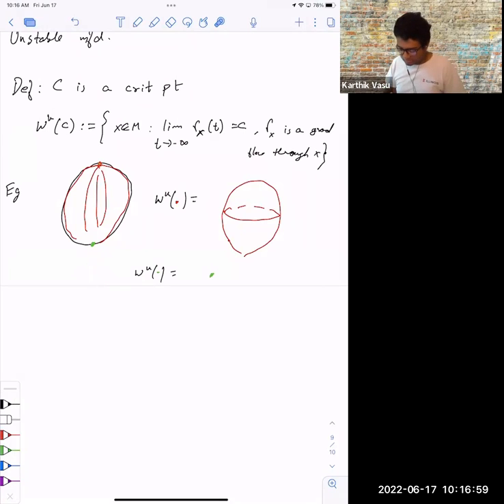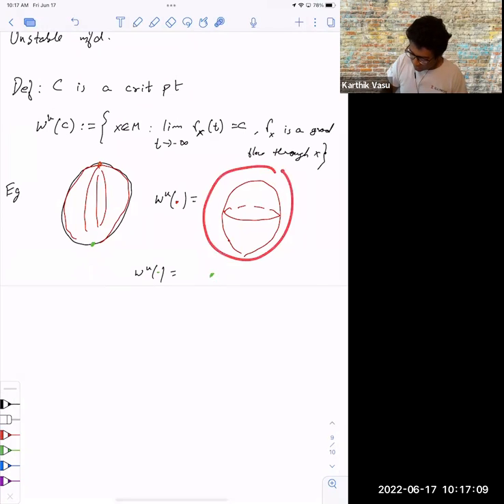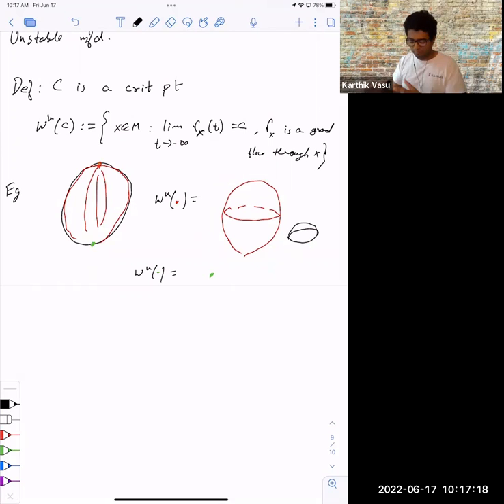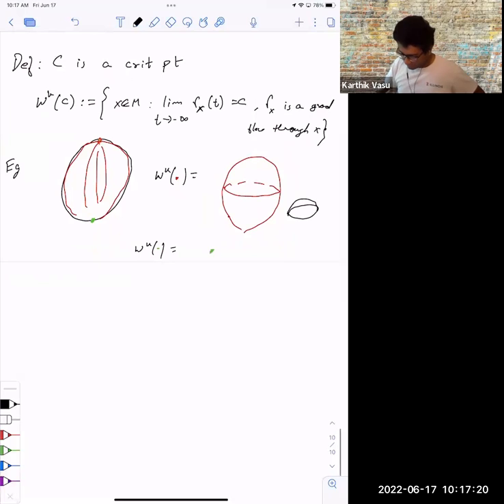So the unstable manifold decomposes your space into this thing here and this thing here. And something you can notice is this is homeomorphic to a disk. It looks like an open disk, or you can even take it to be R^n.